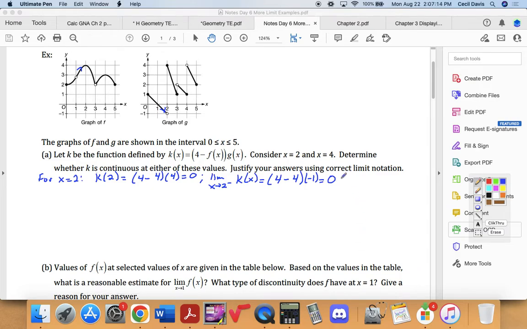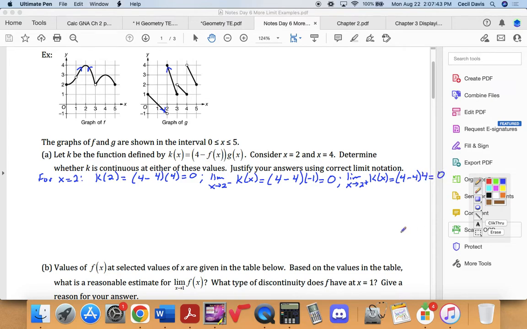So I'll keep going. The limit as x approaches 2 from the right of k of x is going to be 4 minus, as I approach 2 from the right, f of x approaches 4. And as I approach 2 from the right, g of x also approaches 4.